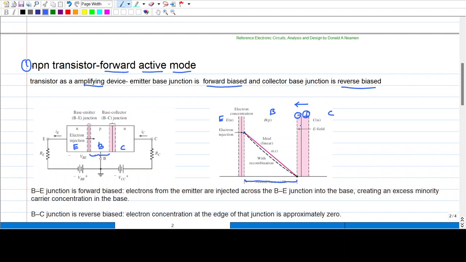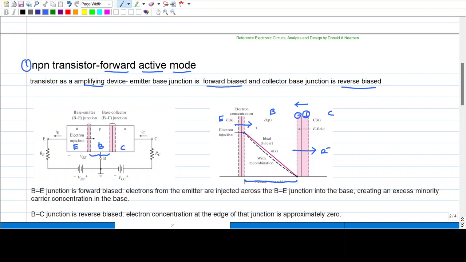Now the electrons which are injected from the emitter through the base, whenever they reach the collector-base junction, due to the strong electric field, will be swept across this junction and then reach the collector. I will repeat it again. The electrons, which are the majority carriers, get injected into the base because of the forward bias being applied.